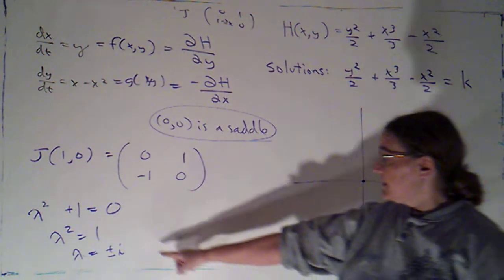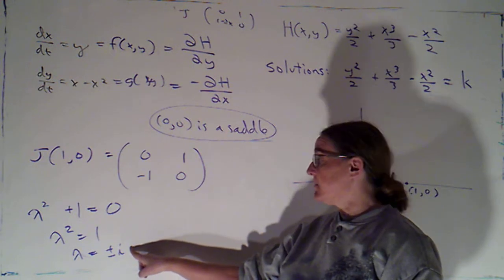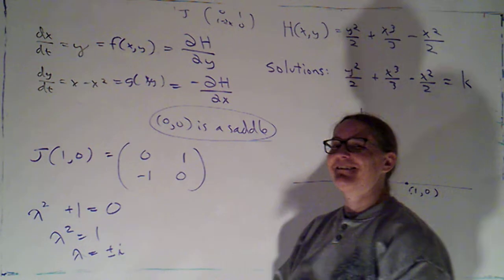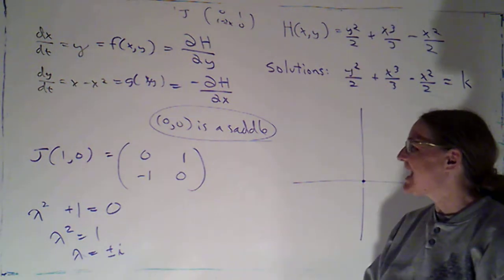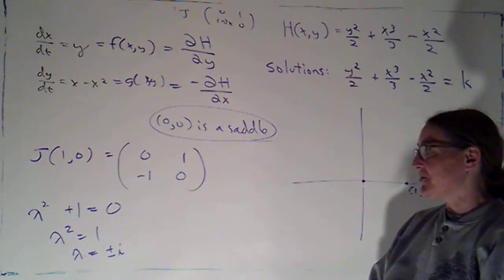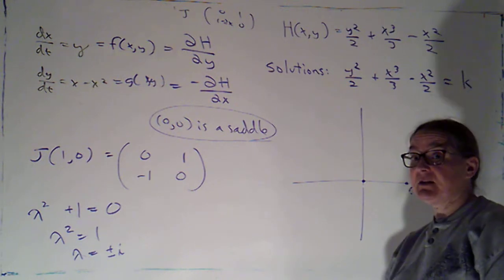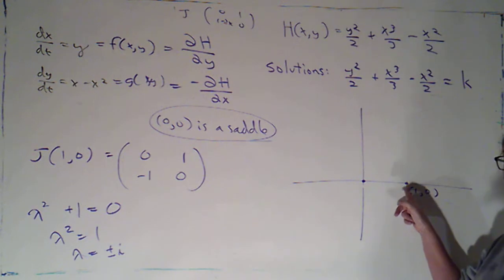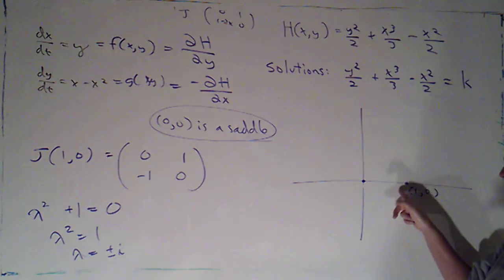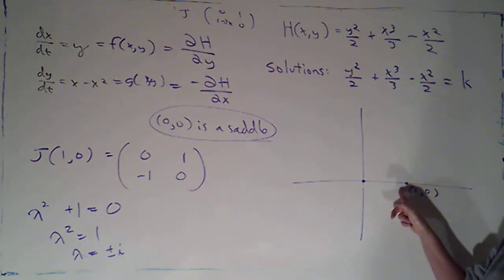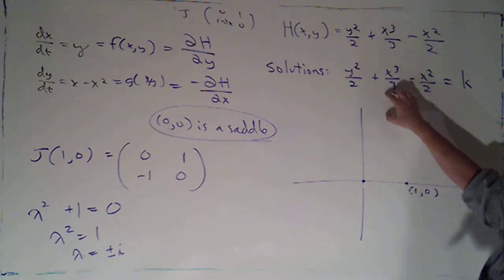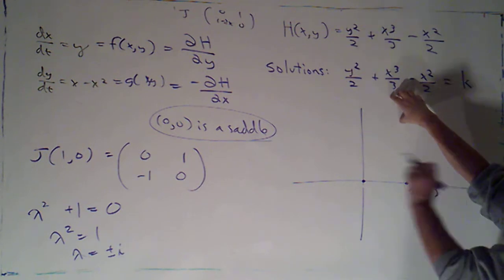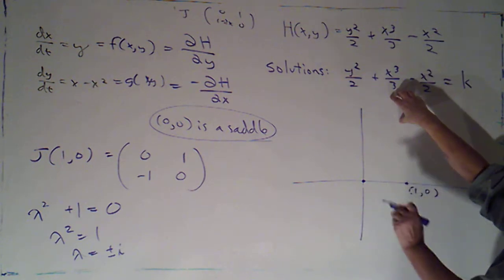Now, when I get purely imaginary numbers as my eigenvalues, I know that that means that I've got a center. If this wasn't a Hamiltonian system, I would have narrowed it down to this is either a center or a spiral source or a spiral sink. Since it's Hamiltonian, the solution curves have to be the level curves for this function, and those aren't going to spiral towards or away from something.